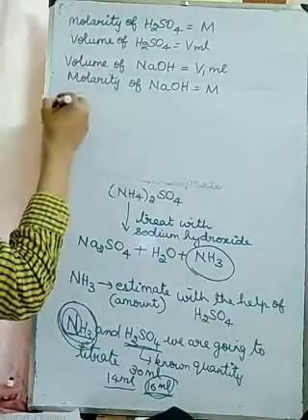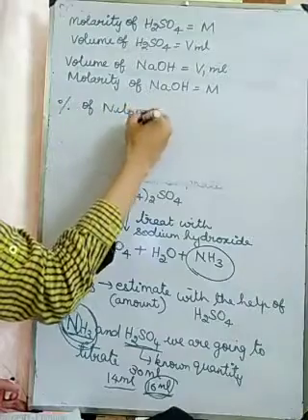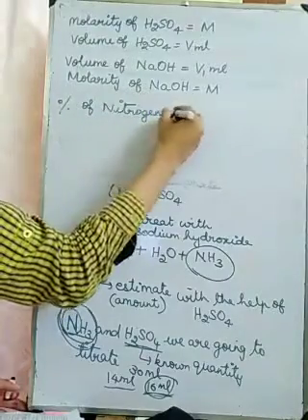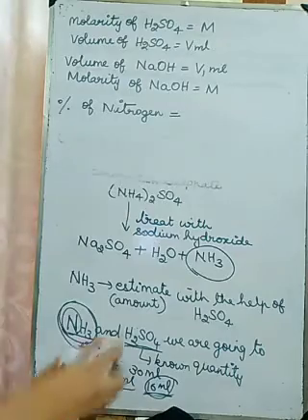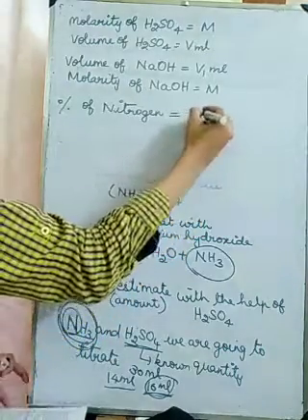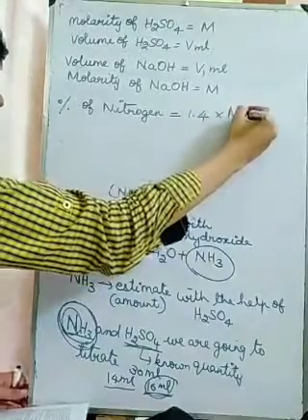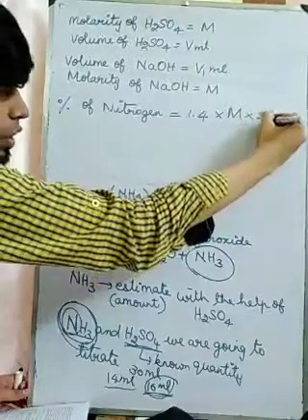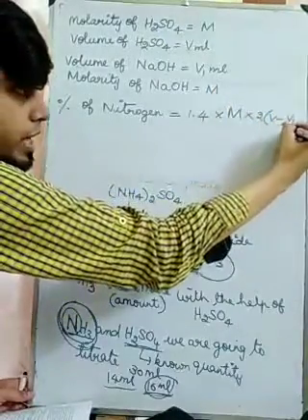So from this you will get the percentage of nitrogen will be equal to 1.4 into M into 2 into (V minus V1 by 2), divided by m. Here M is the molarity, and m is the mass of the compound. So V is the volume of sulfuric acid, and similarly V1 is the volume of NaOH divided by 2.